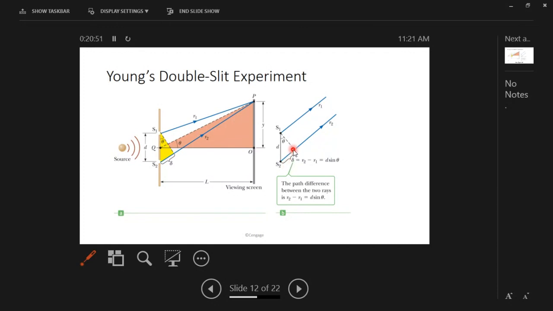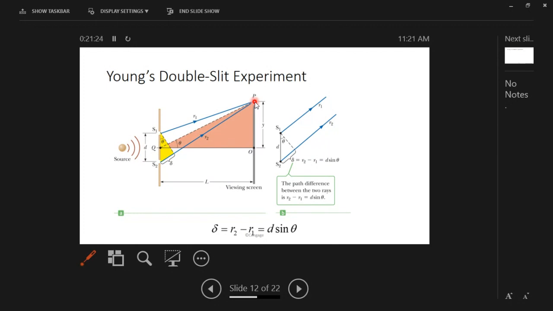And then you can use the equation for sine theta in a triangle. Sine theta would be the opposite side divided by the hypotenuse, which is d. Remember, this is 90 degrees. So then I have a relation for the path difference for the two light rays coming together at P. If you know the angular position for this point P, how do you determine that angular position?